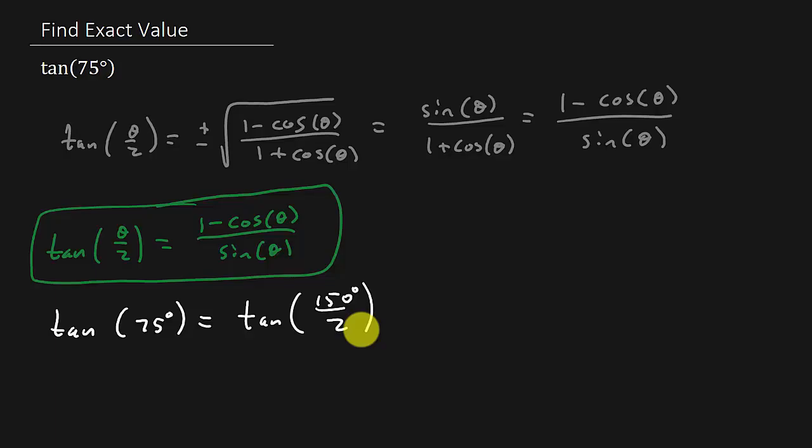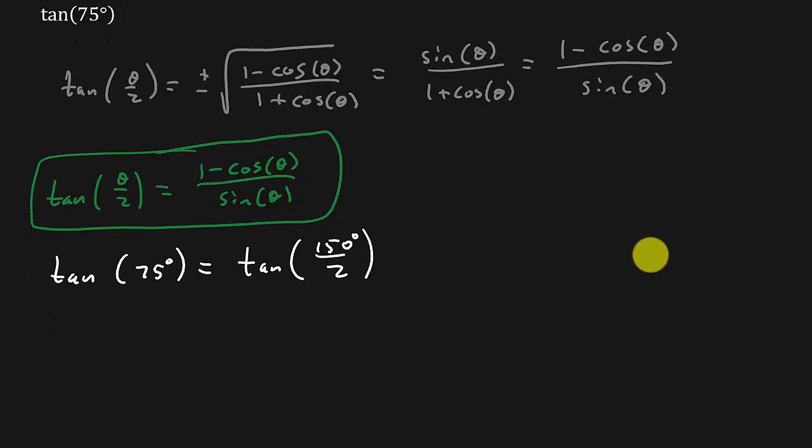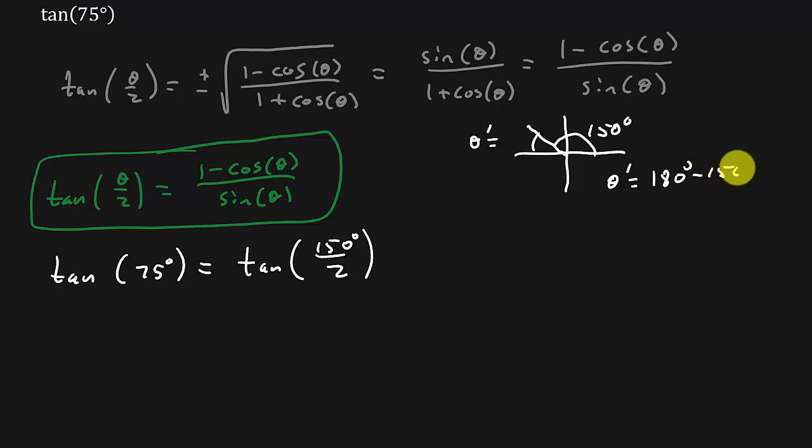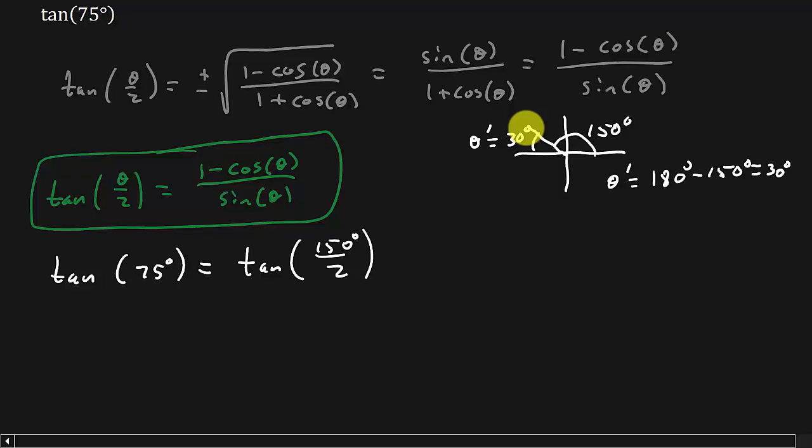Now, the question is, do we know the tangent of 150? 150 is in the second quadrant. I need to get my reference angle, which in this case would be 180 minus 150, which would be 30 degrees. So there's my reference angle, 30 degrees.